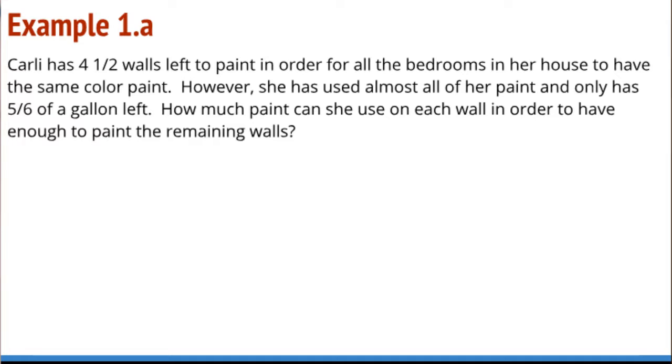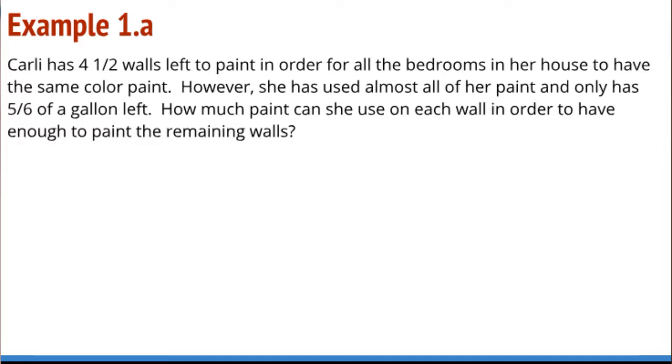All right, now that we've reviewed that, let's take a look at our goal today, what we're going to try to accomplish, dividing mixed numbers and fractions. So Carly has 4 1/2 walls left to paint in order for all the bedrooms in her house to have the same color paint. However, she has used almost all of her paint and only has 5/6 of a gallon left.